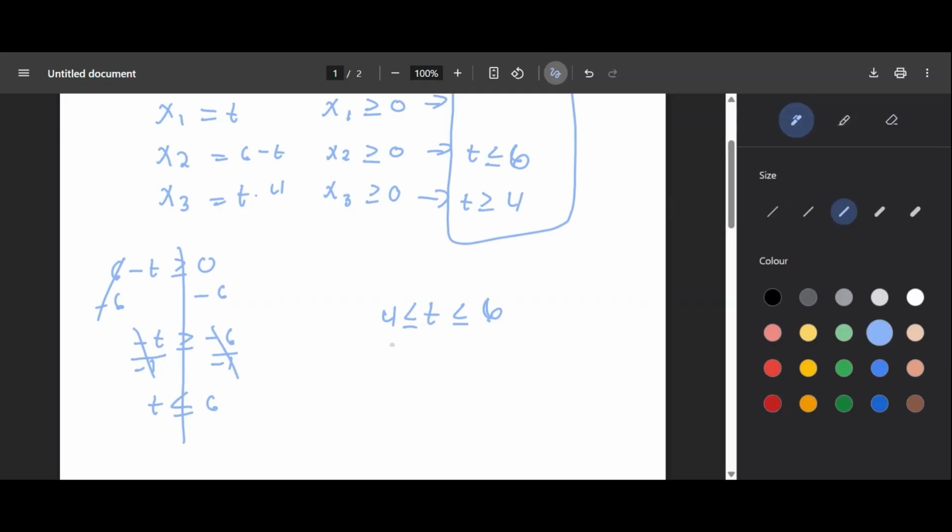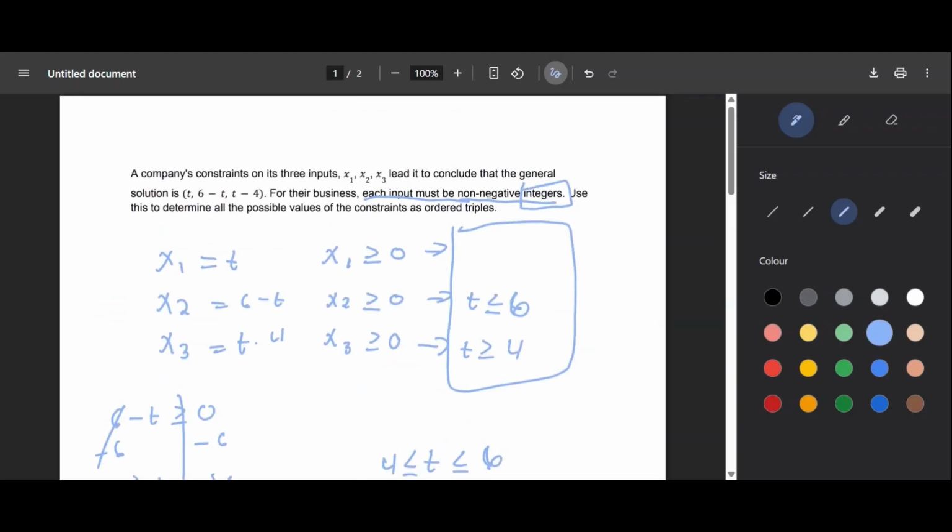So every solid number between 4 and 6 is a viable option for t. So we have 4, what comes after 4? 5, and then we have 6. So these are all pretty good options for t. All of these would fit perfectly well for the constraints that we've been given. So let's test those inside of all of these constraints right here, and that'll give us our ordered triplets, as it says.